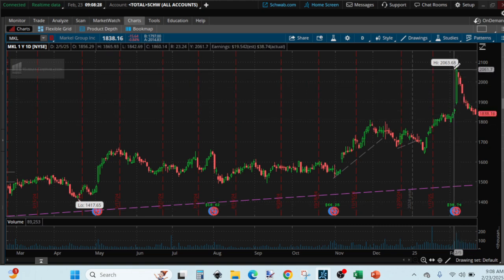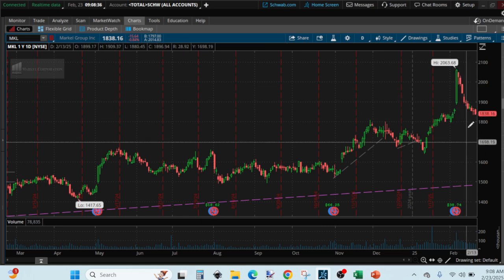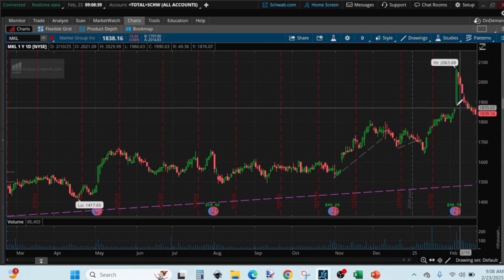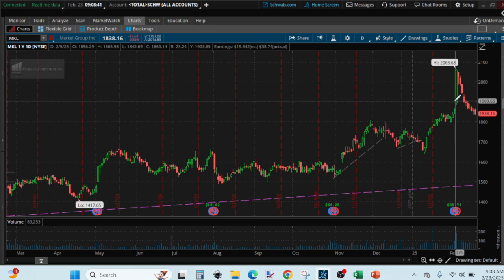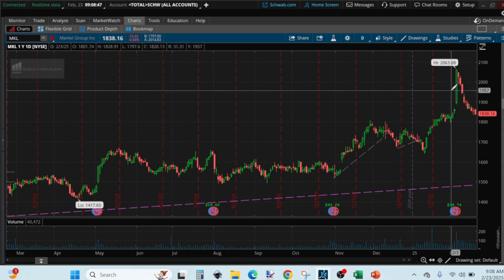And then multiple days of pullback to come back down to where it gapped up from. But this day, for a day trader, could be a good day to trade, I imagine, but we don't day trade.